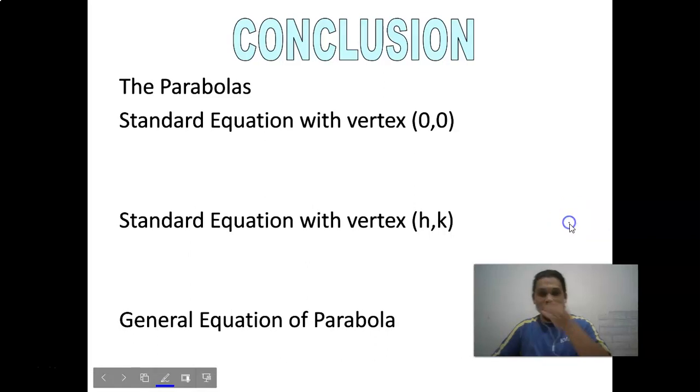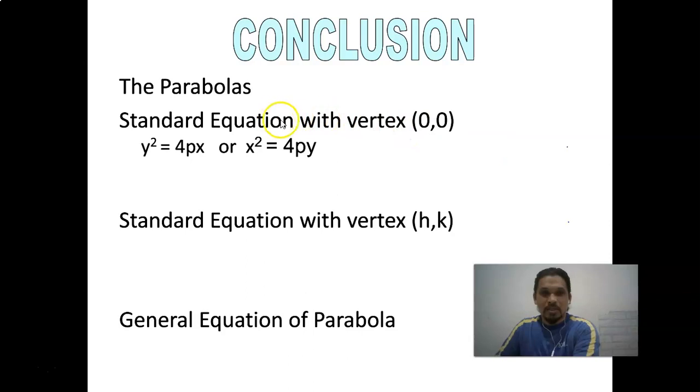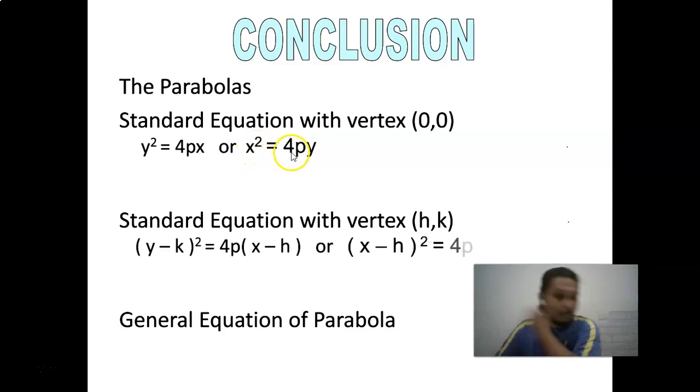Conclusion, meaning that we're almost at the end of the lecture for this part. The standard equation of the parabola with a vertex at the origin is either y squared equals 4px or x squared equals 4py.